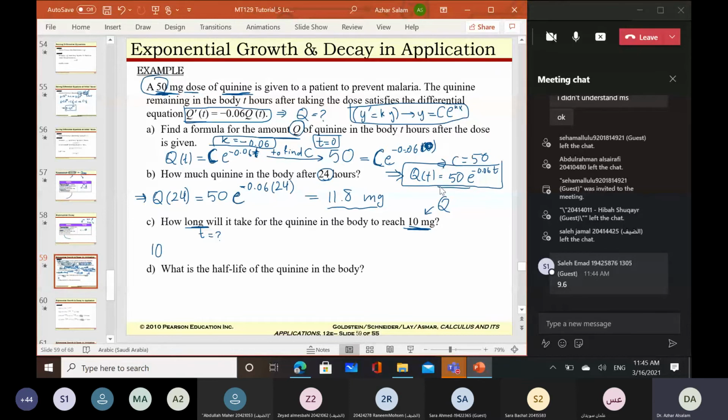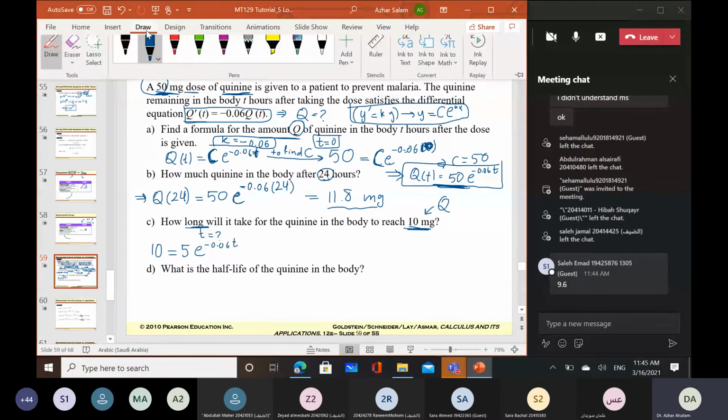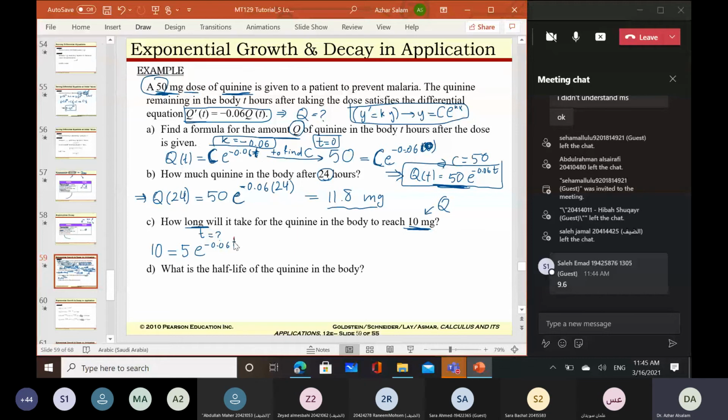Always substitute here: 10 equals 50 multiplied by e to the power minus 0.06 multiplied by t. Now I have to find this t. To find t, of course, I have to take the logarithm of both sides. First, I have this 50.